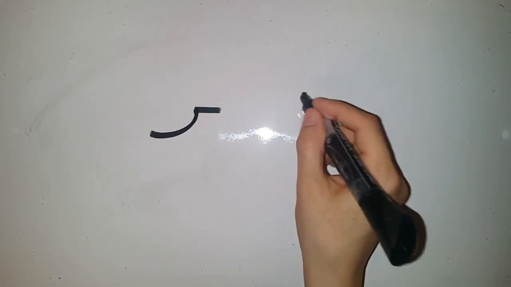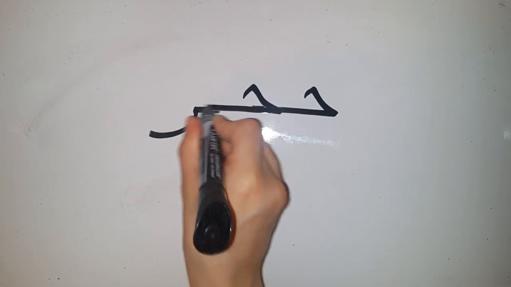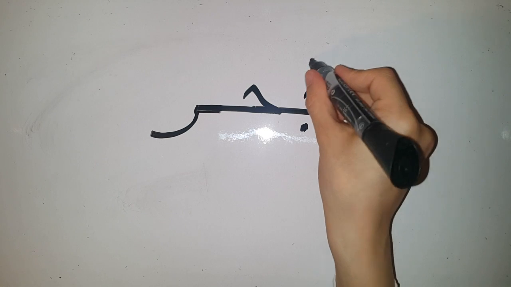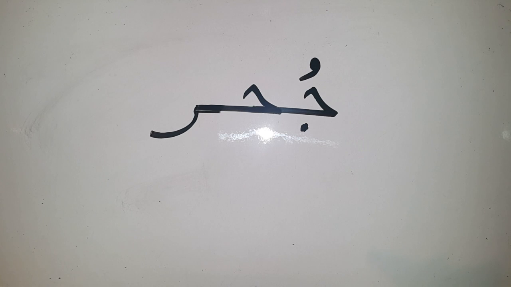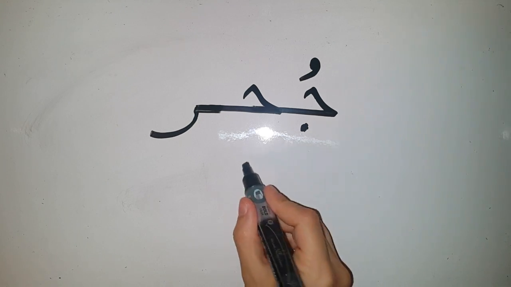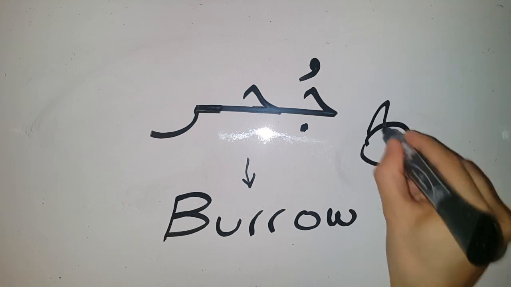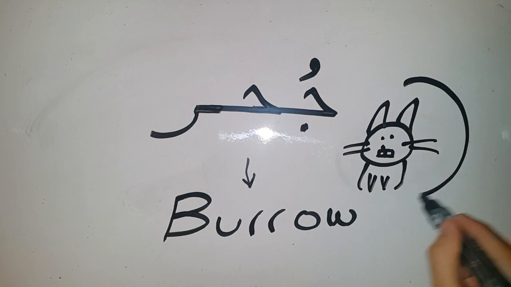So instead of hajar, let's mix up the first 2 letters and make it juhur. How would we write that? Ju with the O sound, and hur. Juhr or juhur. And juhur just means a small hole that animals live in.